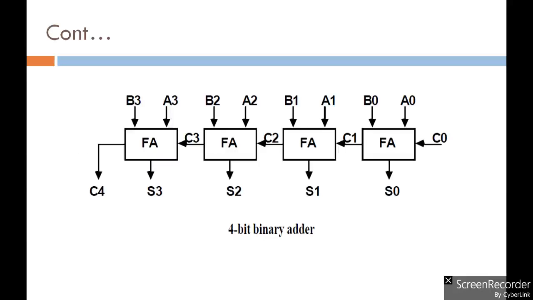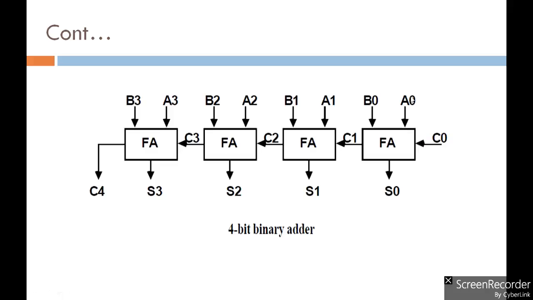As we can see from the figure, it is a 4-bit binary adder. That means we have 2 binary numbers of size 4 bits. The first number has 4 bits, A0, A1, A2 and A3, and the other number B has 4 bits, B0, B1, B2 and B3.